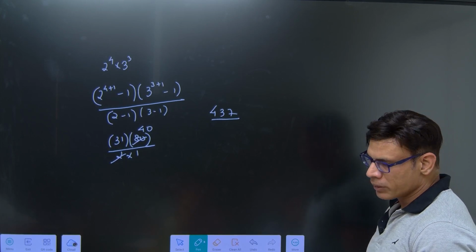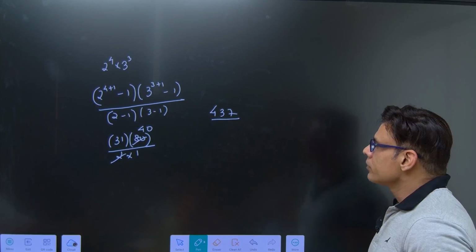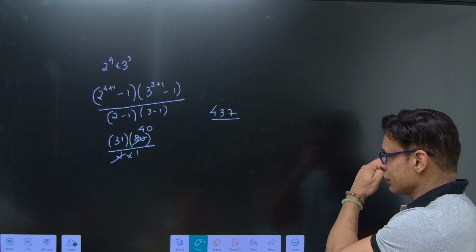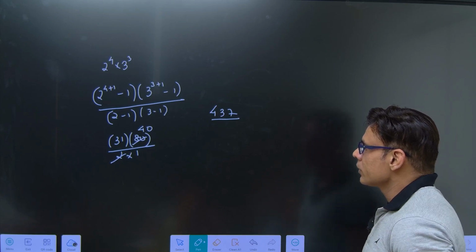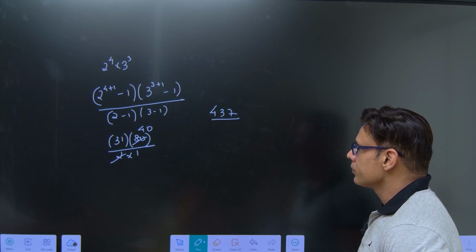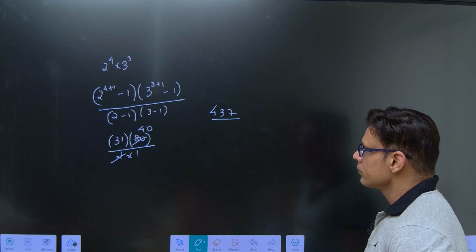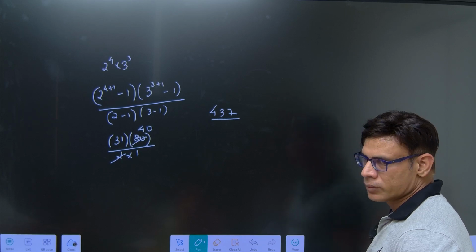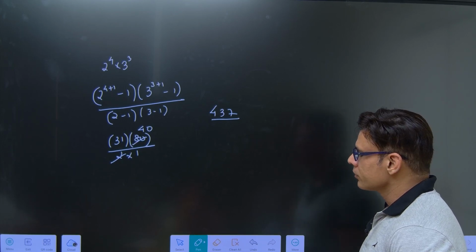Last digit should be multiplied with 5. No. 23.